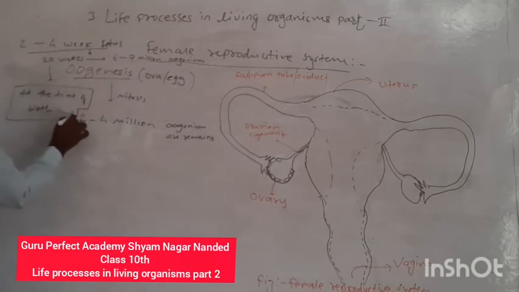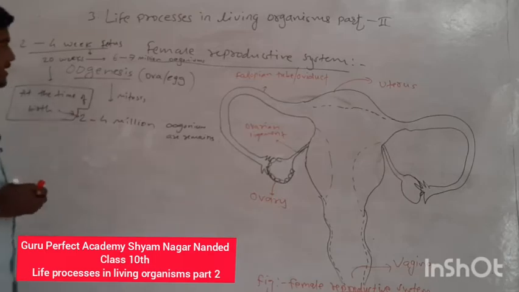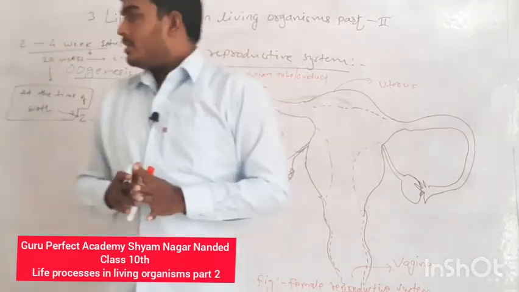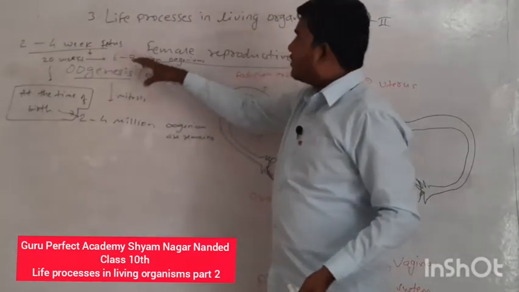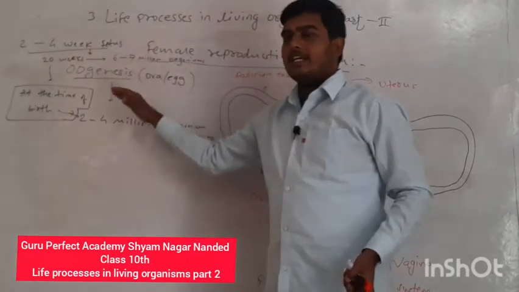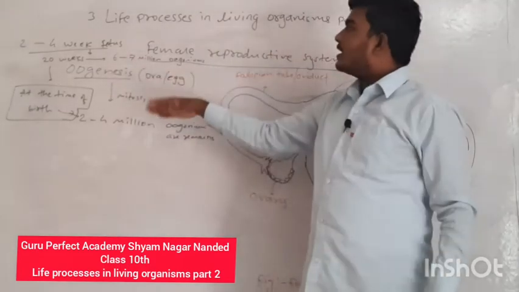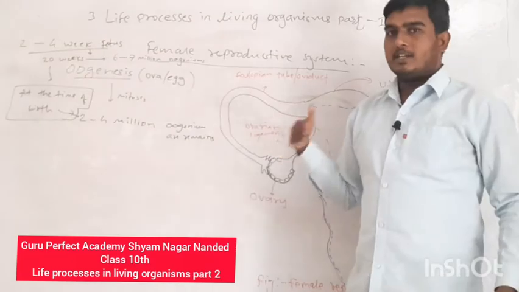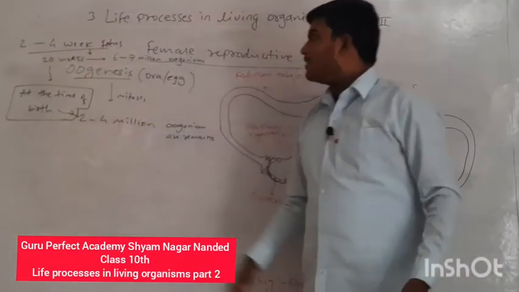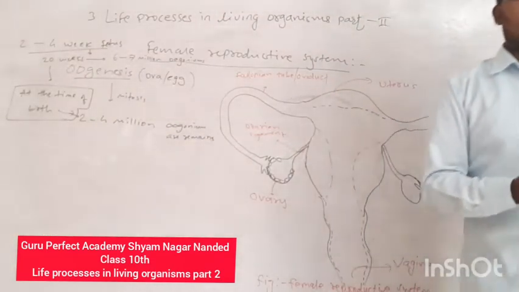Okay, at the time of birth only 2 to 4 million oogonia remain, because the process of formation of oogonia declines, and these cells degenerate regularly, and only 2 to 4 million remain at the time of birth.